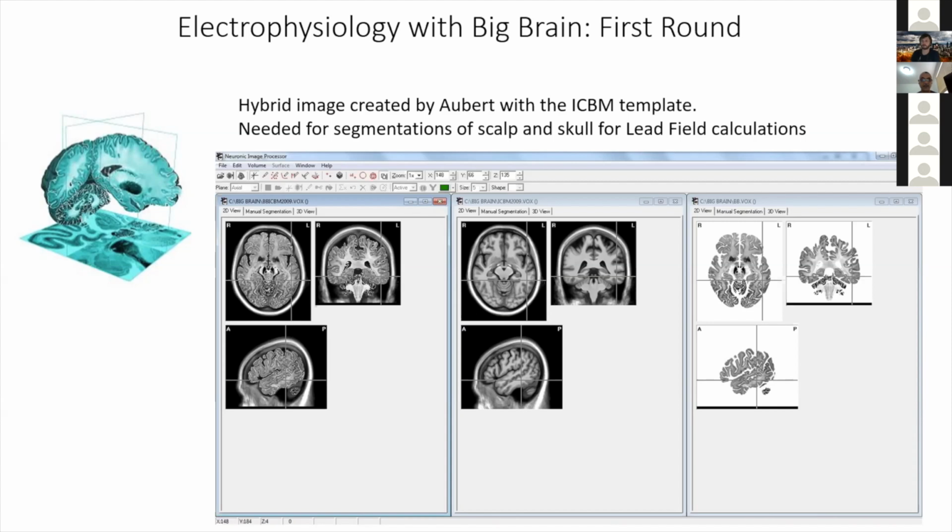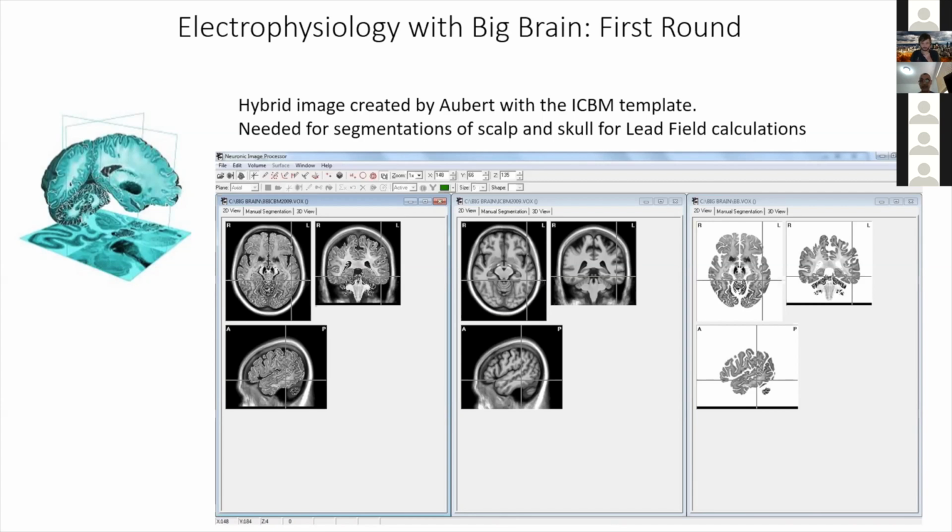And what we used in this case was the scalp segmentation for the BigBrain. And with this, we calculated the same type of lead field, volumetric lead field over the gray cortex, using the co-registered segmentation of the brain to the centroid brain, and we calculated the lead field.